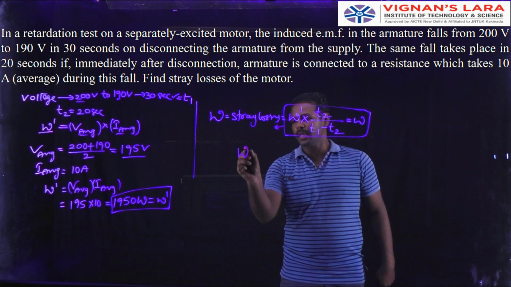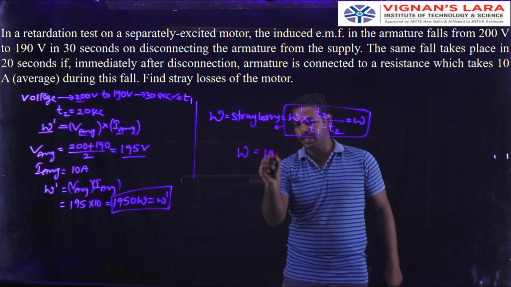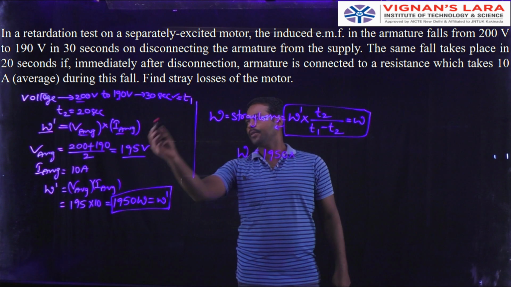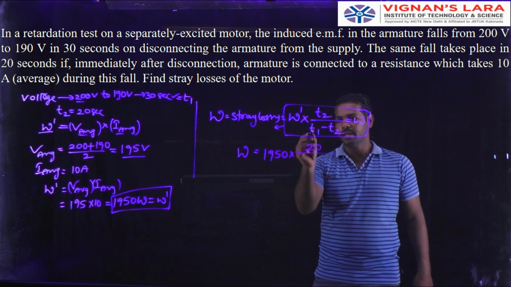So W is equal to W' times T2 over (T1 − T2). W' is 1950, multiplied by T2, which is 20 seconds, divided by T1 minus T2.